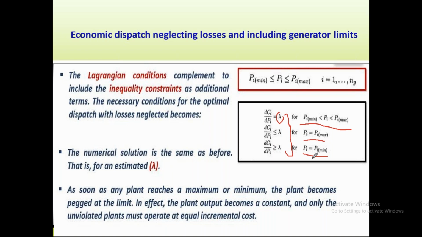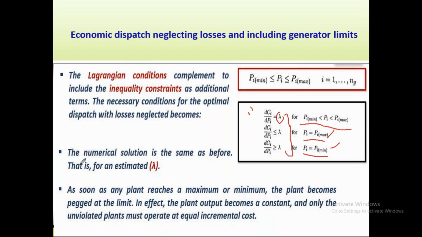If it is greater than lambda, we consider the minimum value. If the P value is within the limits, it is finalized. If it is not within the limits, then you consider these parameters: if it is less than or equal to lambda, P is equal to P maximum; if it is greater than lambda, P is equal to P minimum.